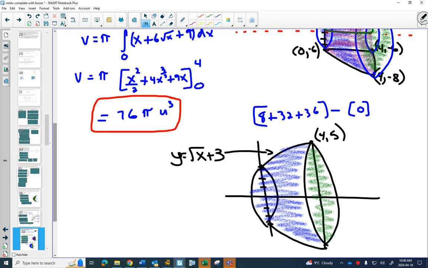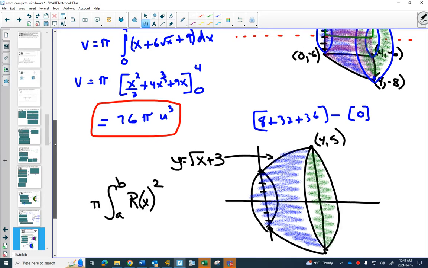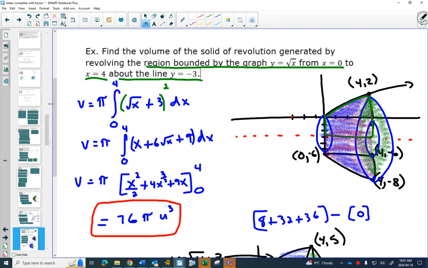When we're figuring out our integral from a to b, it's all pi r squared, whatever your radius is. How do I figure out what this radius is? I know from here to here was the square root of x, because that's my normal graph to my x-axis.